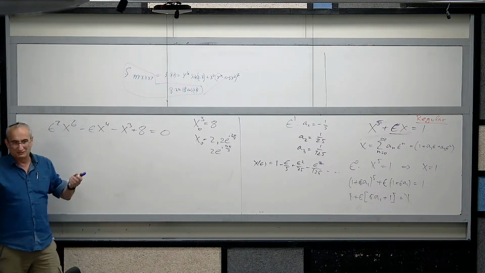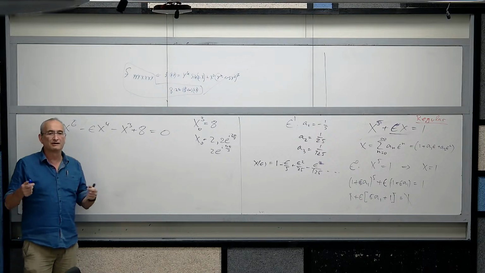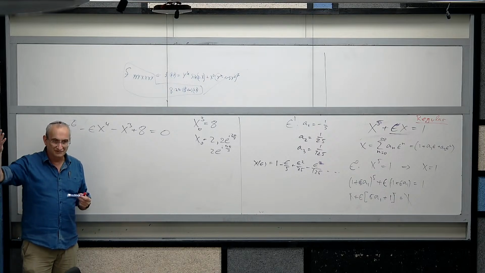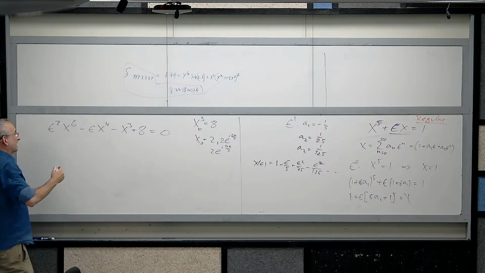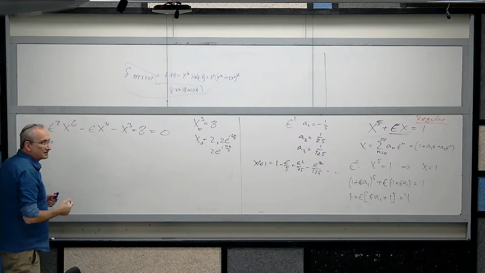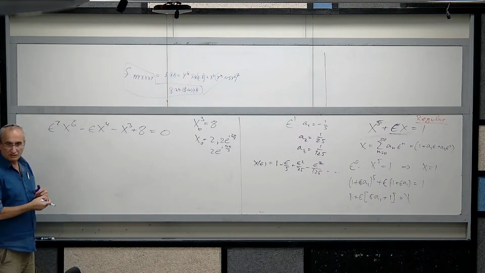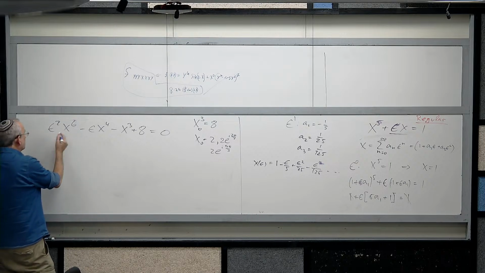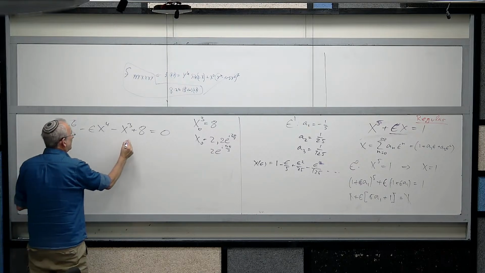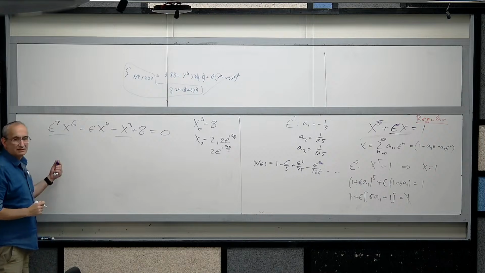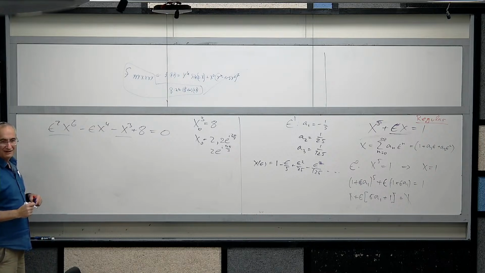Why? Because it would be a miracle for 3 terms to do that. I demonstrated this in the first lecture of the semester, but I will just tell you that these are the 2 terms that are the leading terms in the dominant balance.